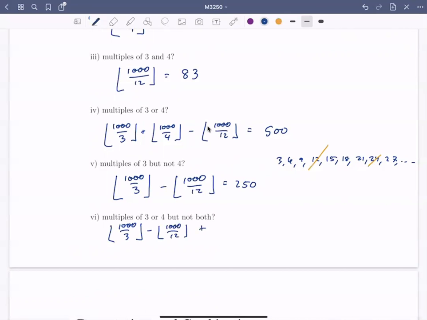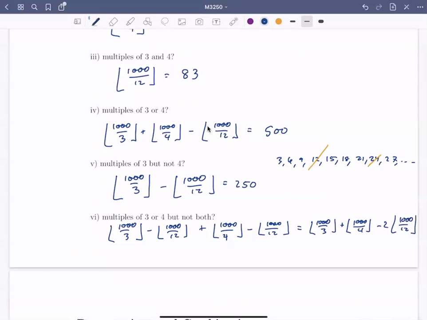Plus the multiples of 4 but not 3. So it's going to be the floor of 1,000 over 4 minus the floor of 1,000 over 12. Or you can think of this as, I think it's just instructive to think of this as the multiples of 3 plus the multiples of 4 minus 2 times the multiples of 12.